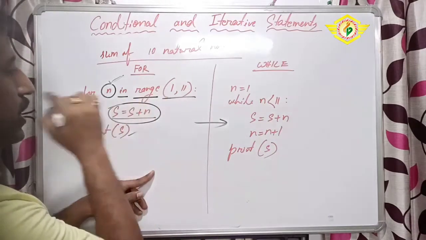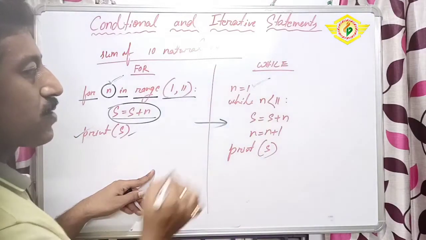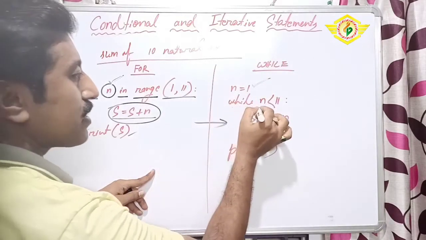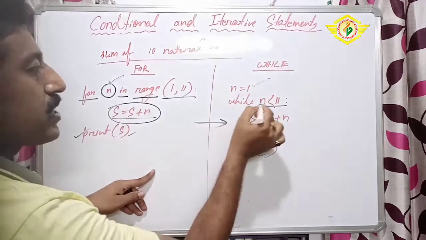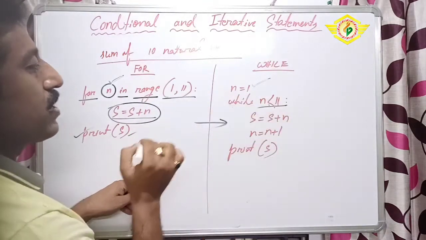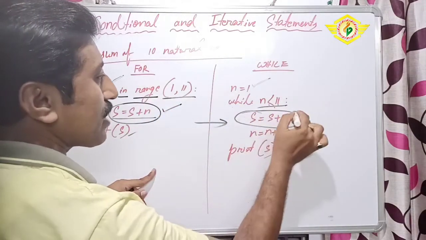n we are not storing here, we can also store it, but we have to store the n value first here. After that we write while and the condition. The range statement we wrote 1 to 11, but here we will write n less than 11. After that the same statement we write here.